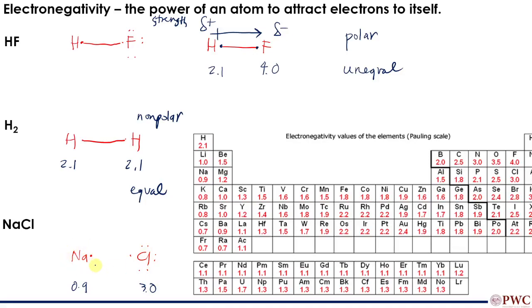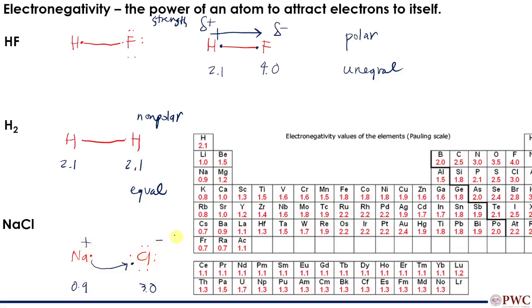So actually here, instead of just sharing this electron from Na, because Cl is very much electronegative compared to Na, this electron will be completely transferred to Cl. So this Cl will completely steal this electron from the Na. This gives Cl a formal charge of -1, and it gives Na a formal charge of +1.